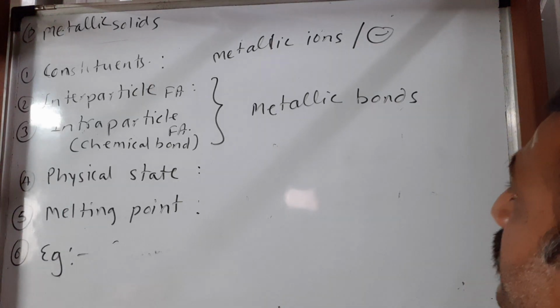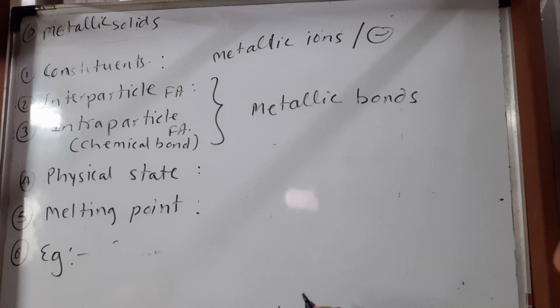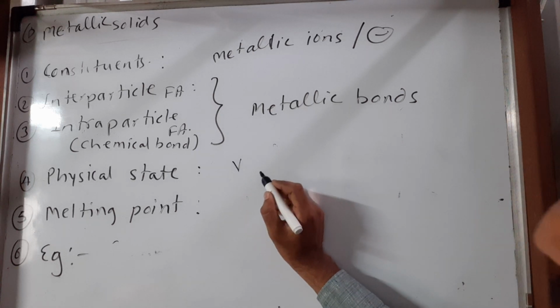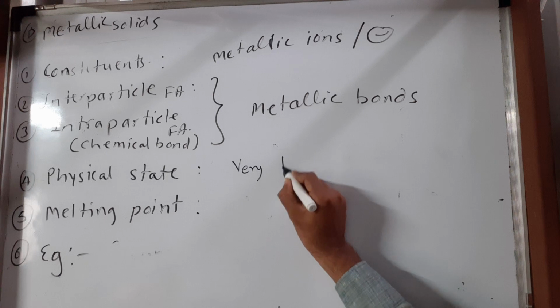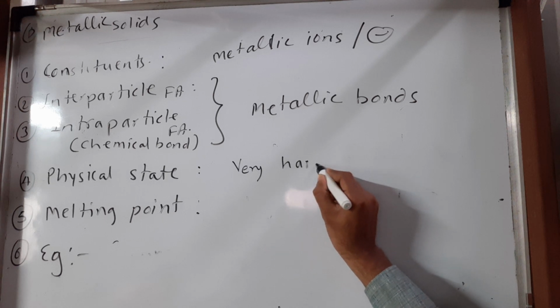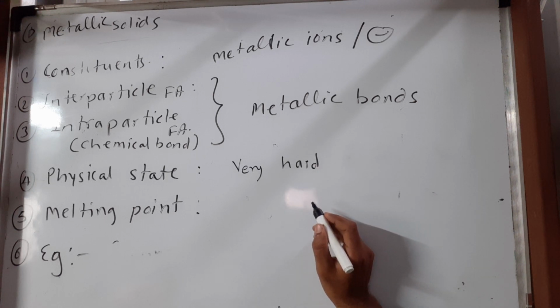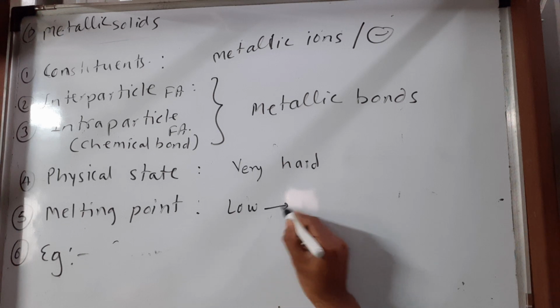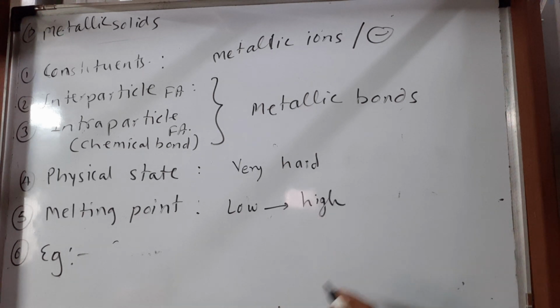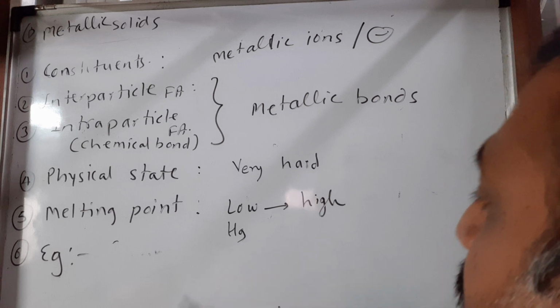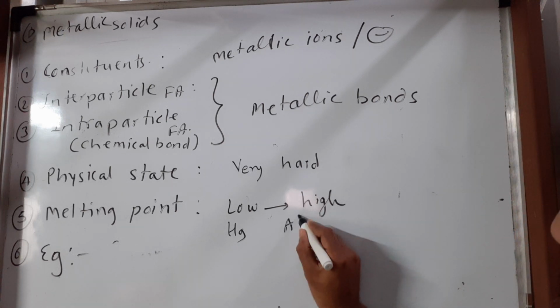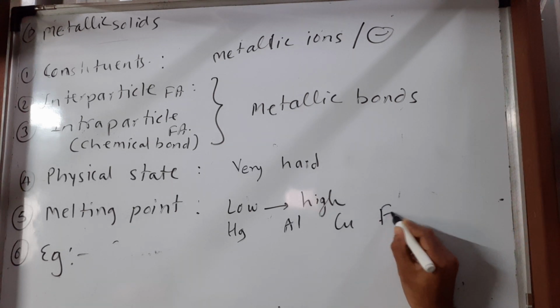Then next, physical state. They are very hard. Then what about their melting points? Melting points are low to high. We have a solid like mercury, and solids like aluminum, copper, iron.